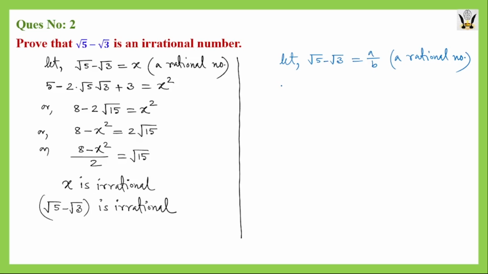Now minus root 3, if we take it to the other side, then we can write it this way: a by b plus root 3 will be equal to root 5. And again, if we take the square of both sides of this equation, then from the left side it will be a square divided by b square, right?